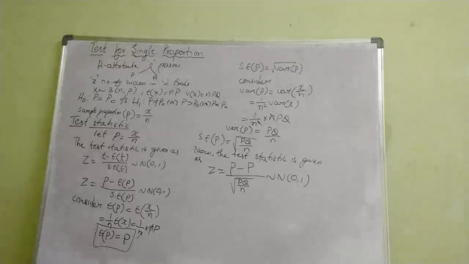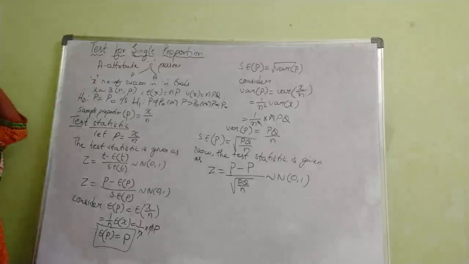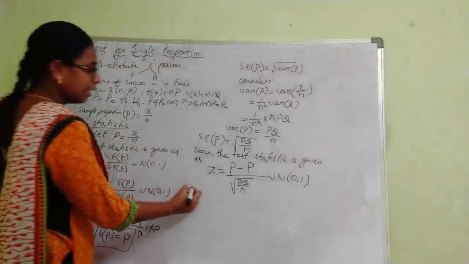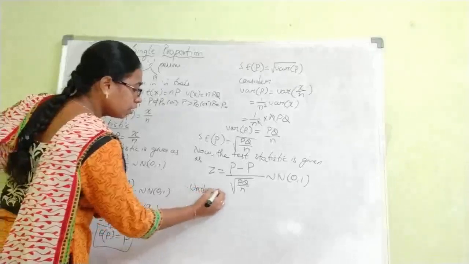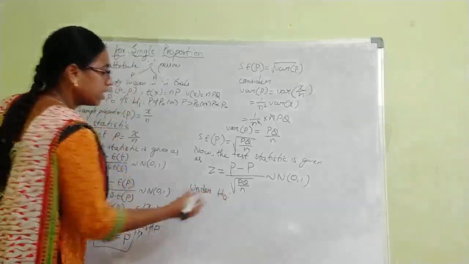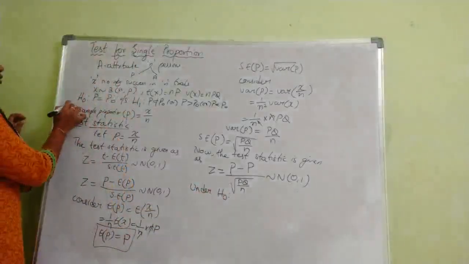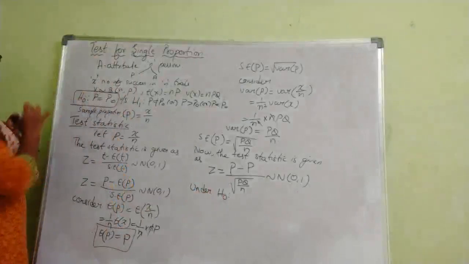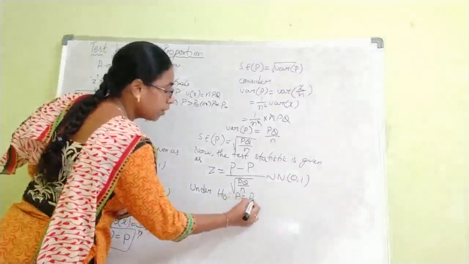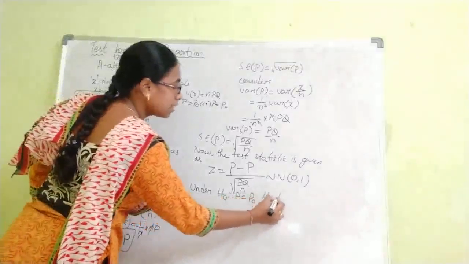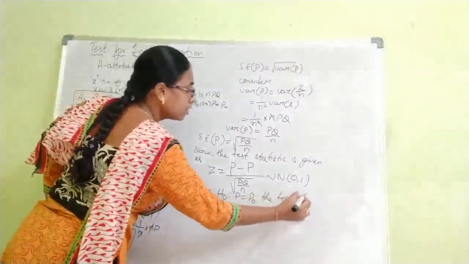Now we will be writing the test statistic under the null hypothesis, because we are going to test under H0 only, right? So that's why we write the test statistic. So under H0, what have we written? P equals P0.